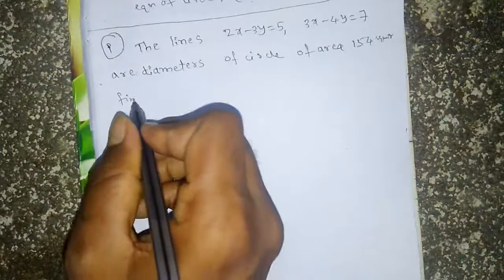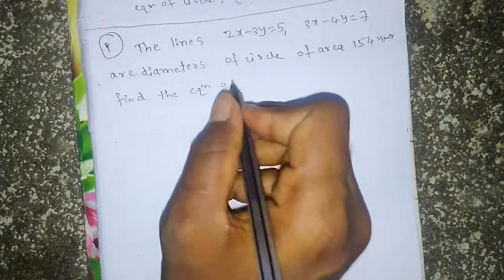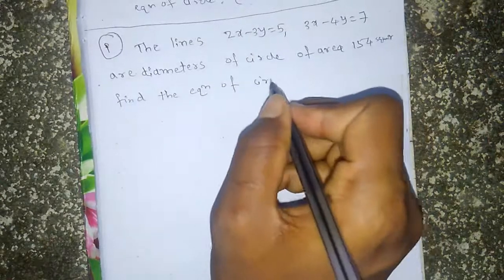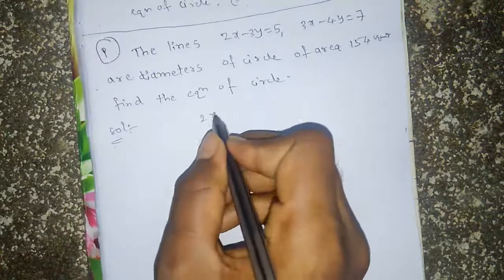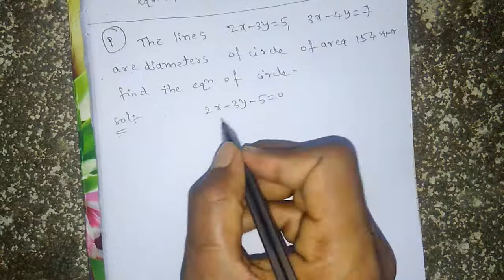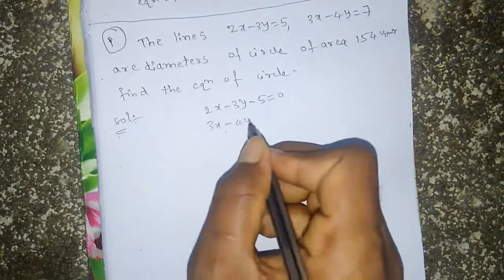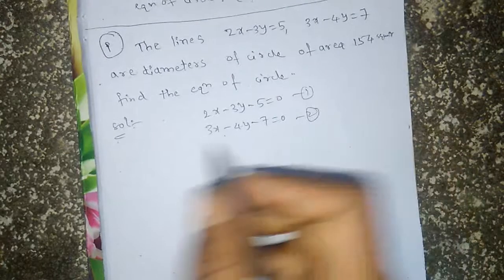Find the equation of the circle. Here the given lines are 2x - 3y - 5 = 0 and 3x - 4y - 7 = 0. First solve the two lines.